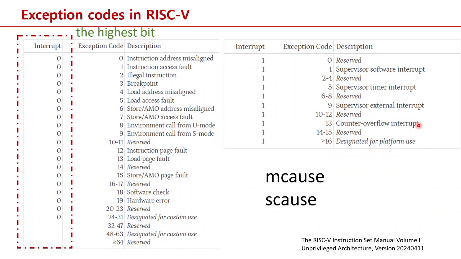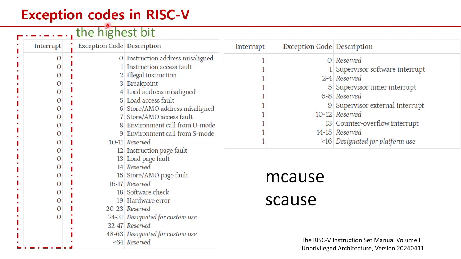Now that we know about the two types of trap in RISC-V architecture, let's dive deeper into how to identify the type of trap. What you are looking at is the RISC-V specification that describes the exception code.